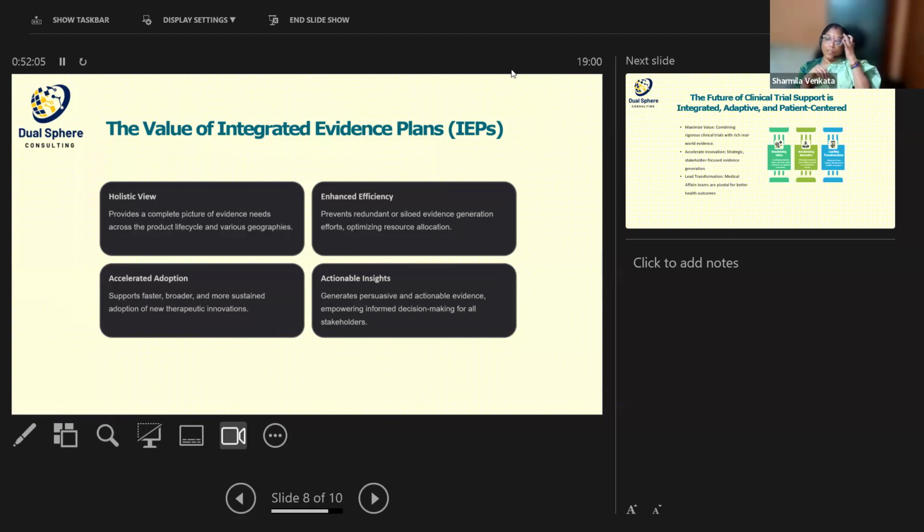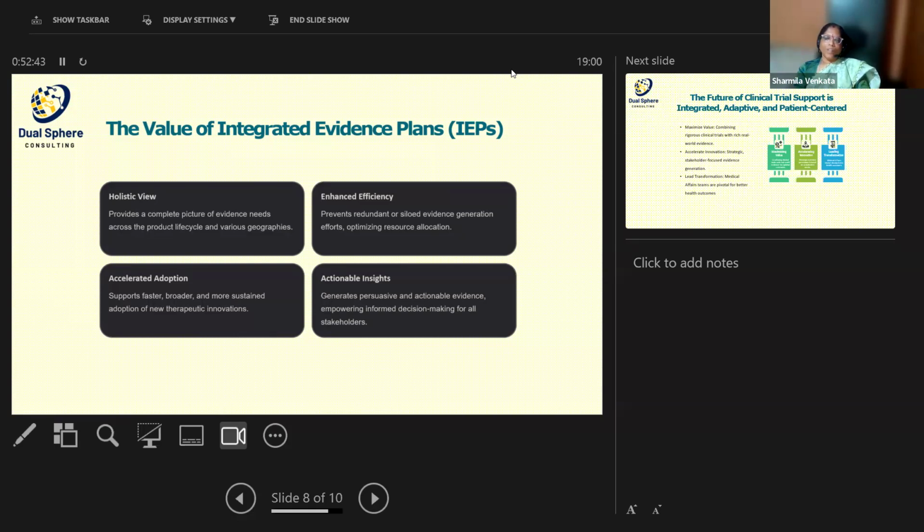Another example, in vaccines: a single IEP can align safety monitoring, vaccination coverage surveys, and economic impact modeling across multiple countries, so that all evidence requirements are met with coordinated studies rather than fragmented ones, right?